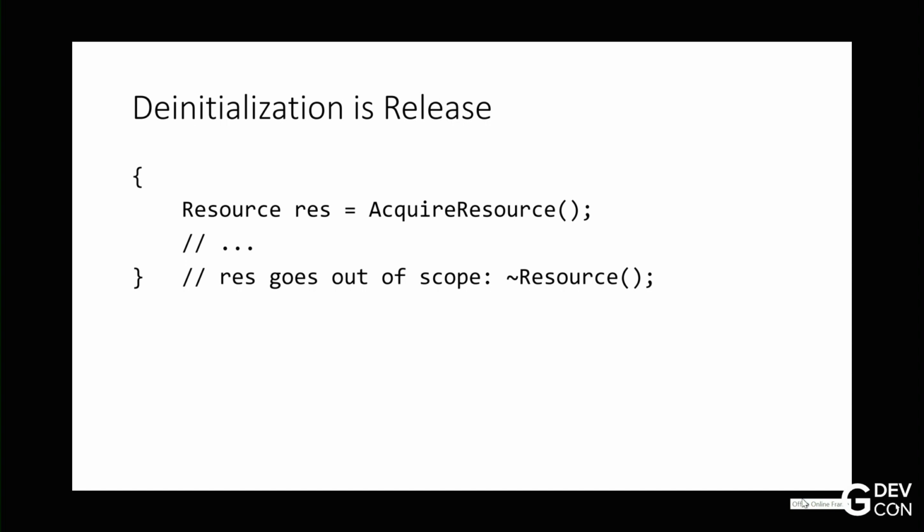Now, C++ provides this feature, but it also has other features that let you do things like creating a pointer or a reference to a resource within the scope where it exists, and then leaking that pointer or reference outside the scope and then trying to use it later. That's still a use after free error, and the C++ compiler can't really prevent that.